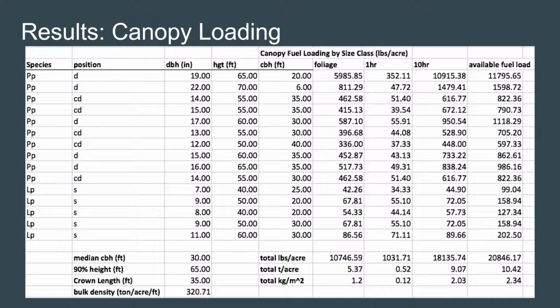The results for canopy fuel loading showed the majority of loading in the 10-hour fuel class, which I believe is due to the size of the limbwood of the ponderosa pine, which was dominant in this stand.